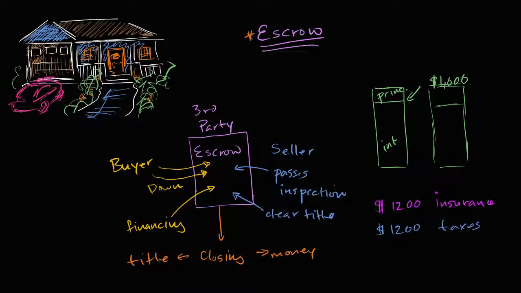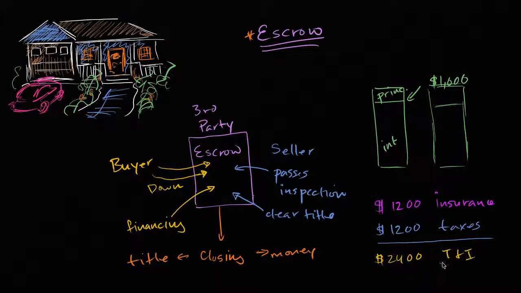So that comes to a total of $2,400 a year. And we could write this is for taxes and insurance, and sometimes they'll even shorthand it T and I. So there's the $2,400 of taxes and insurance.